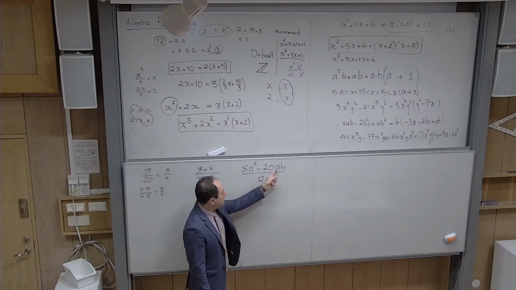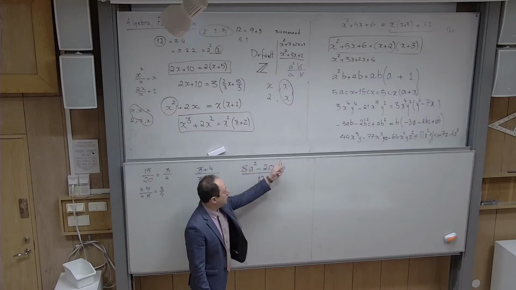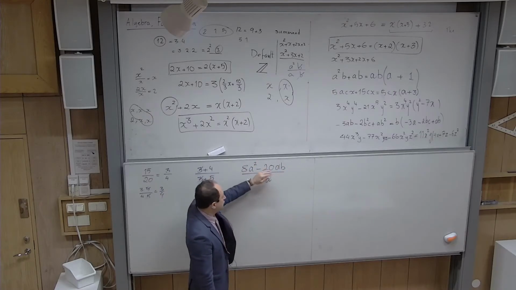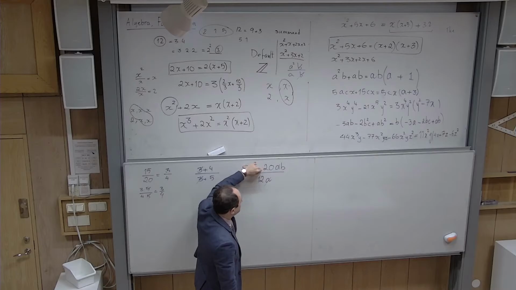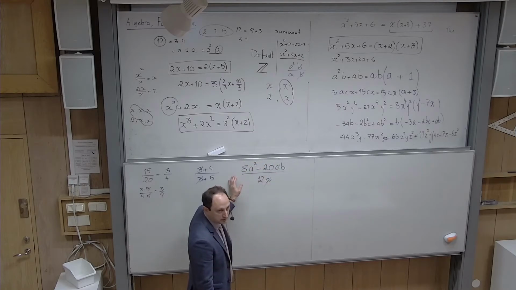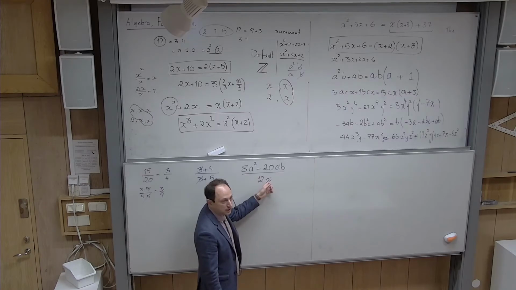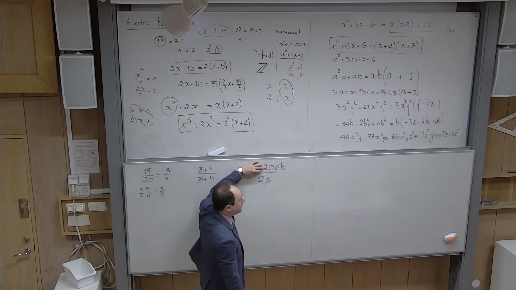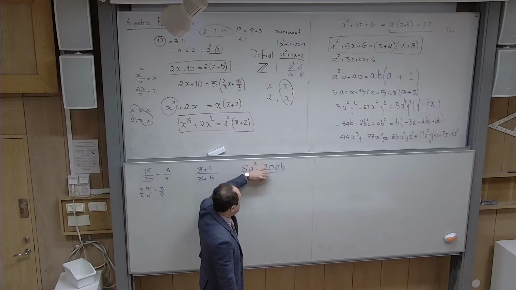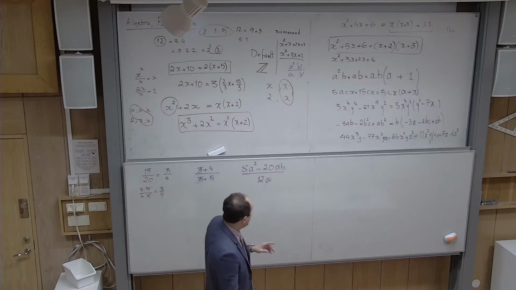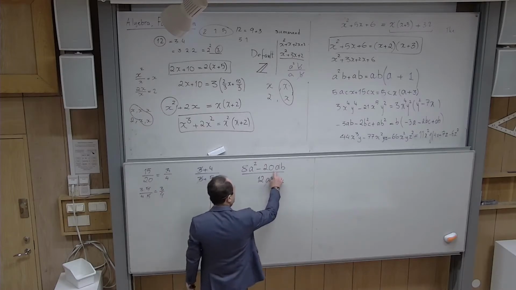But a is not a factor of the whole expression. A is just a factor of this part, not the whole expression. So you are not allowed to cancel a factor of the denominator with a factor of one part. You can only take those factors that are common to the whole numerator and the denominator. So I want you to understand, this is not possible.